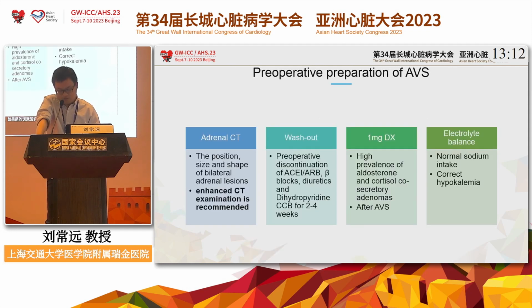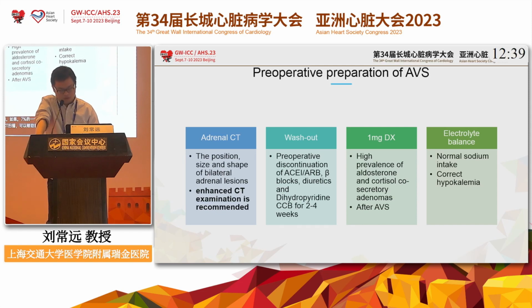Before AVS, careful preparation is an essential step. I think there are four steps. For one, the enhanced CT scan should be made in order to know the adrenal position, the size, and the shape of bilateral adrenal lesions. Furthermore, the enhanced CT scan could help us exclude whether the patient has renal artery stenosis.